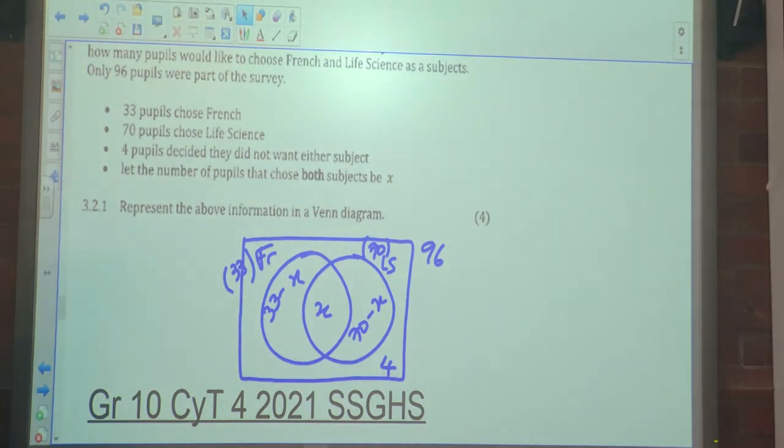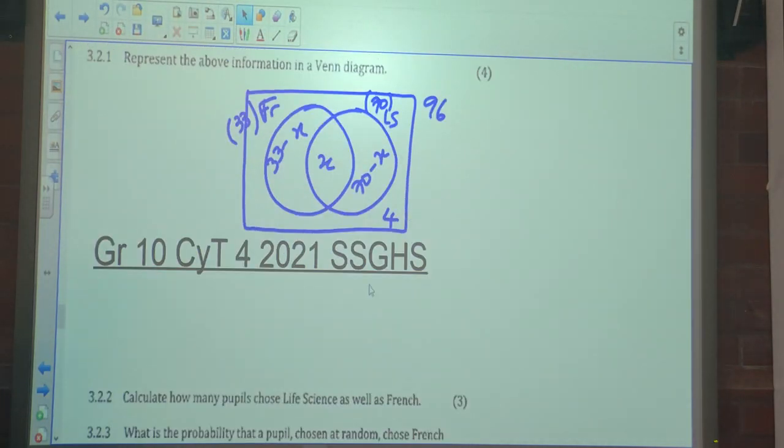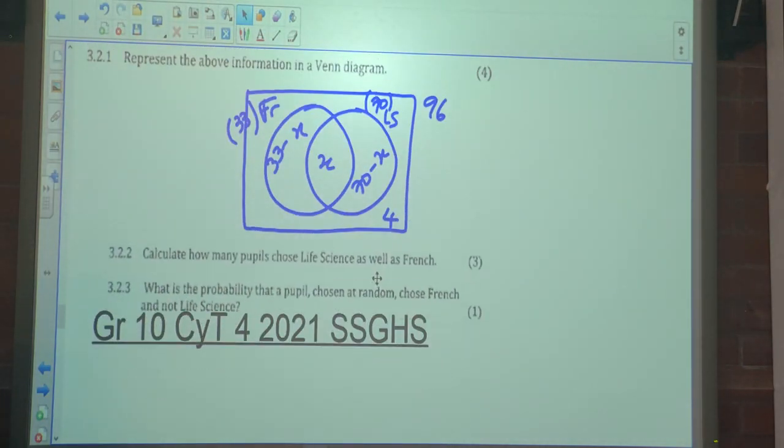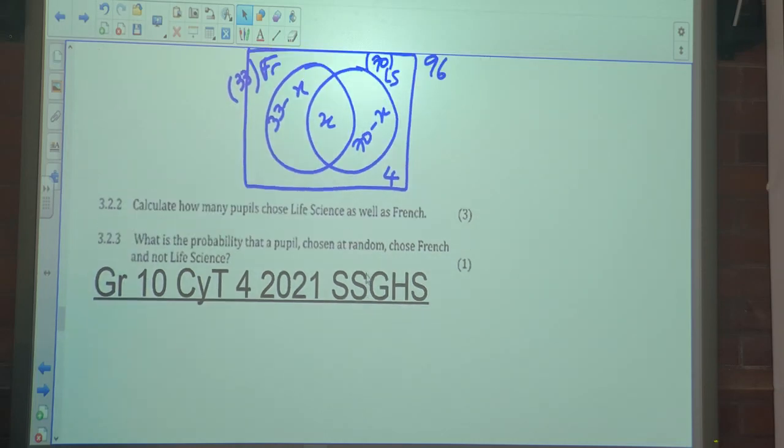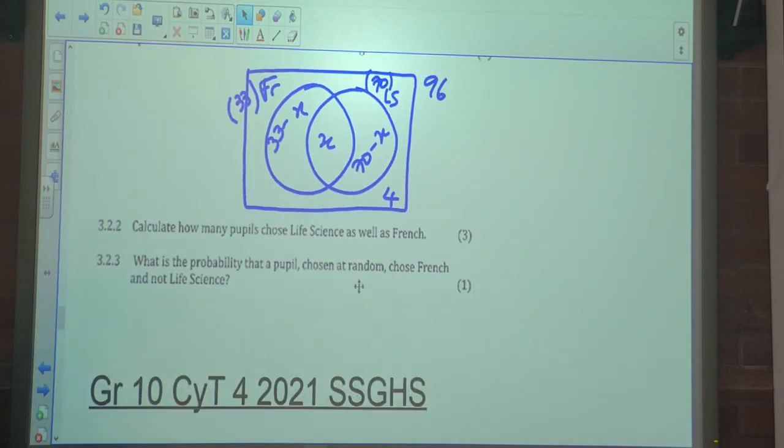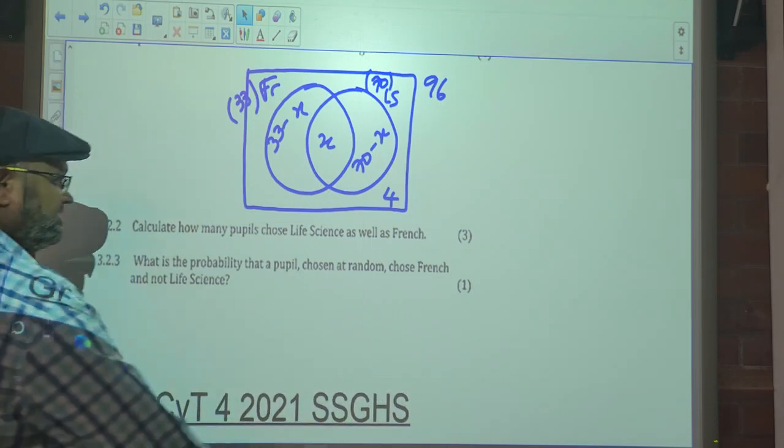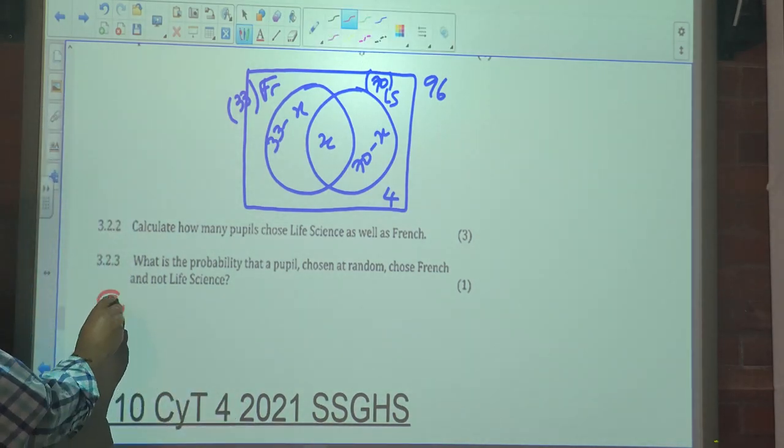Your Venn diagram represents the above information. The next question says, calculate how many pupils chose life science as well as French. In other words, what are we calculating here? We're calculating X. So what do we know?